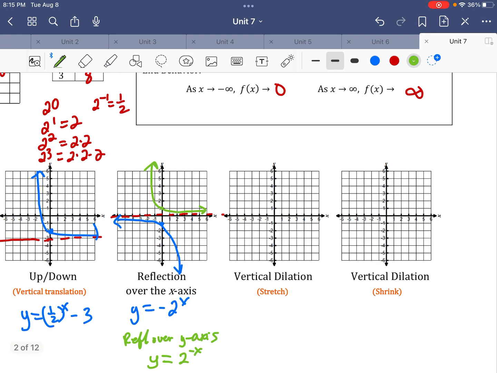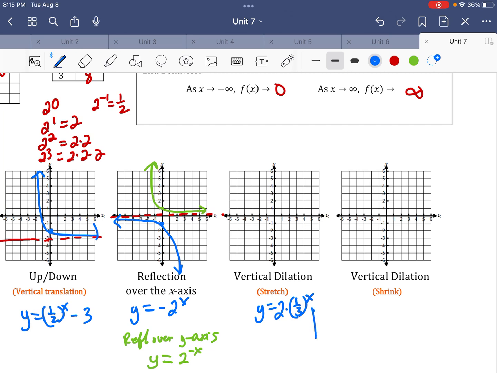Okay, and a vertical dilation, a stretch, and a vertical dilation of a shrink. So if we want a vertical dilation, a stretch, let's do like a 1/3 as my base to the x, and let's put a stretch to put like a 2 here. So all that's going to do when you have a decay, it's just going to make it like steeper, faster.